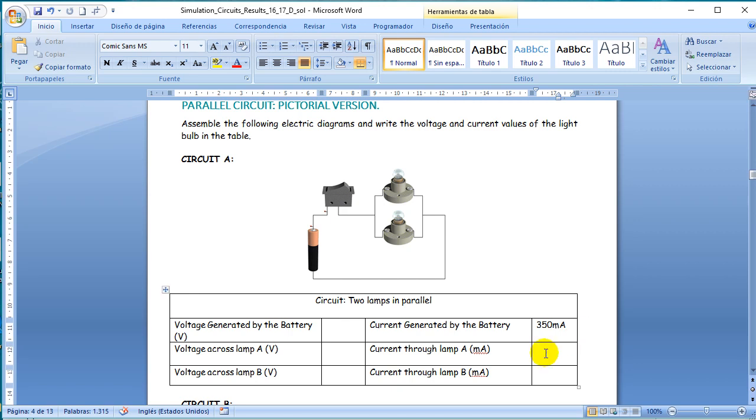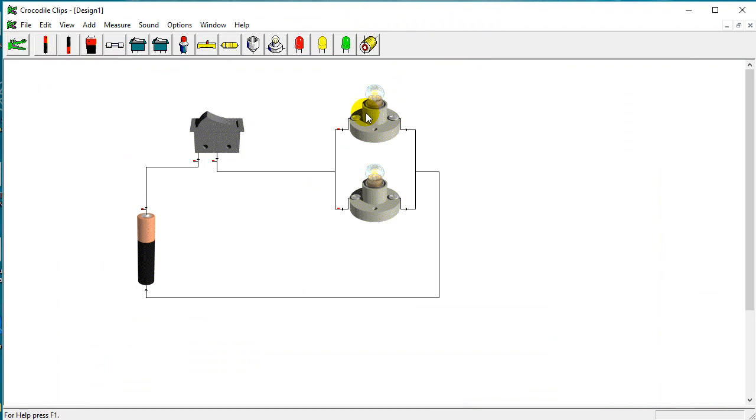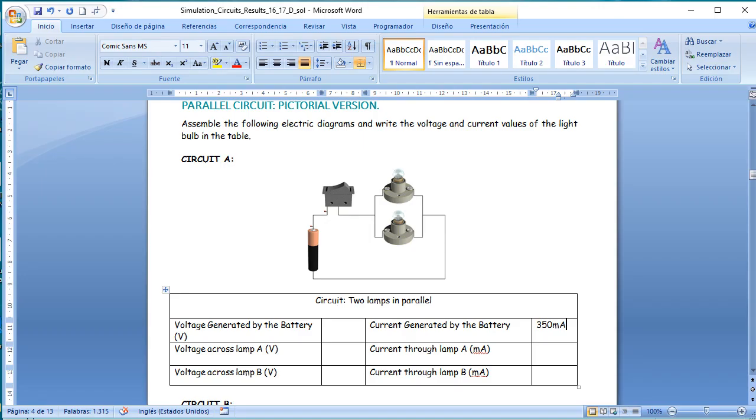Alright, and now let's see what's going on with the current that is flowing through this light bulb. We see that this light bulb is getting 175 milliamps, and the light bulb below is getting the same amount of current, 175 milliamps. So let's go to our table and type that.